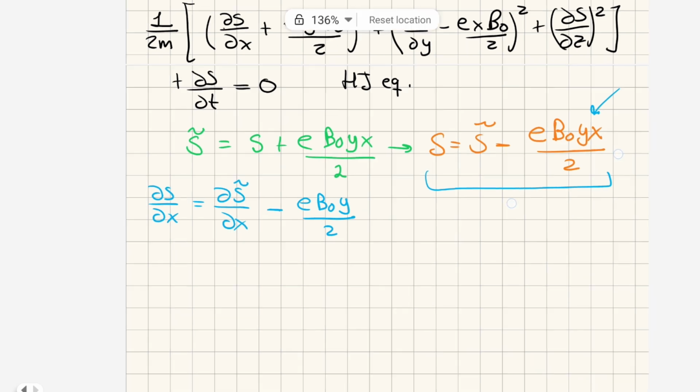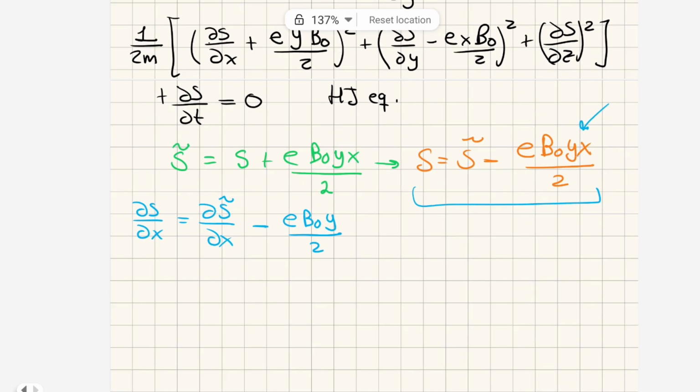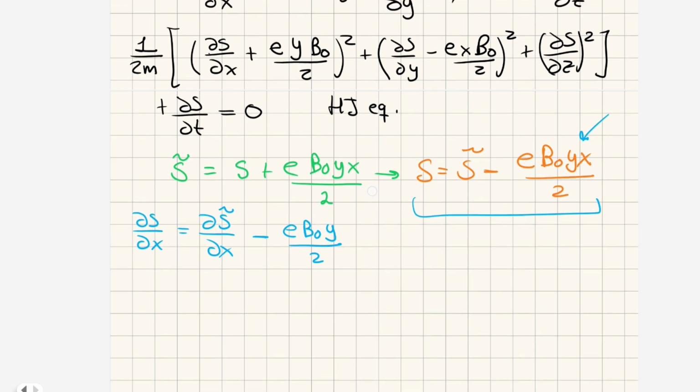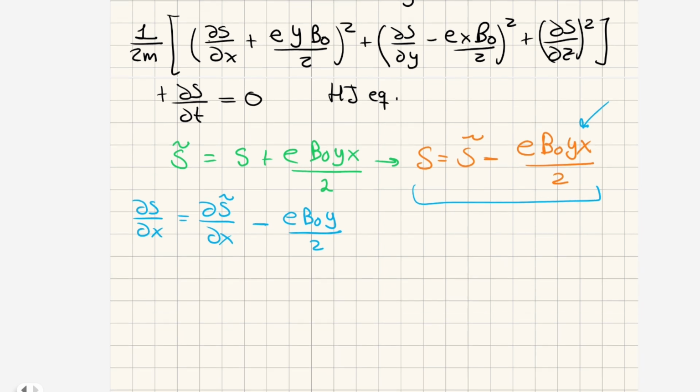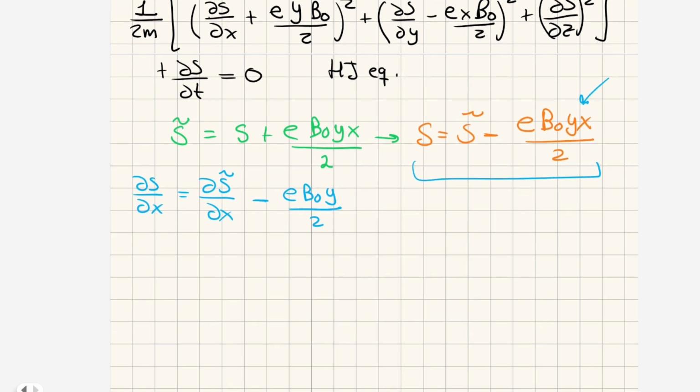Look that what we have done is to generate a new function that has the minus e b0 y divided by 2. And then when you substitute the value of the partial of S with respect to x, we will see that this element will be cancelled with this element, so we will only get the partial of S tilde with respect to x, right?